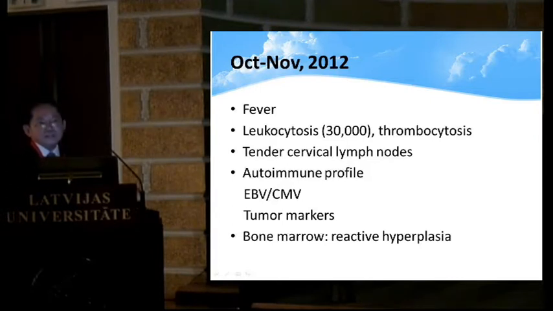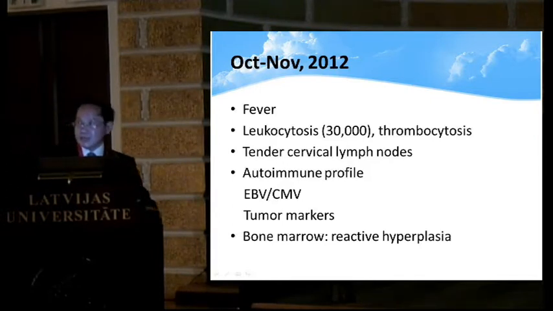At that point, she was in the second hospital. They did not do a biopsy of the cervical lymph node, only aspiration, so the sample was too small to culture or do any smears.